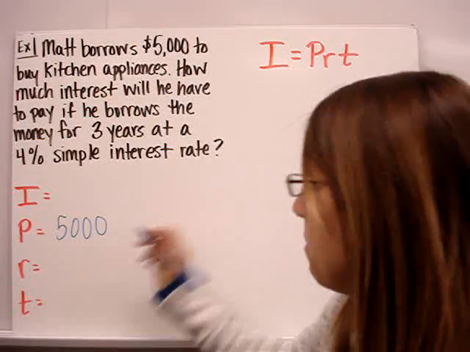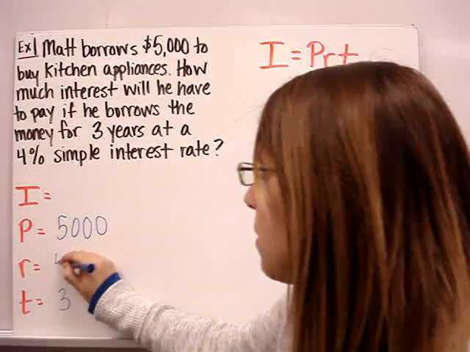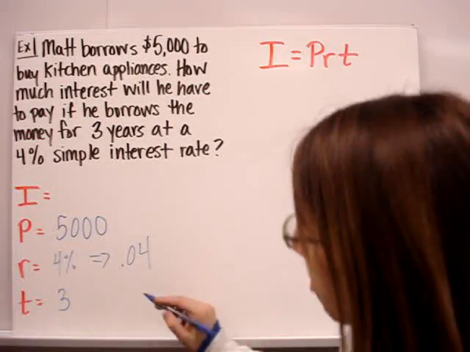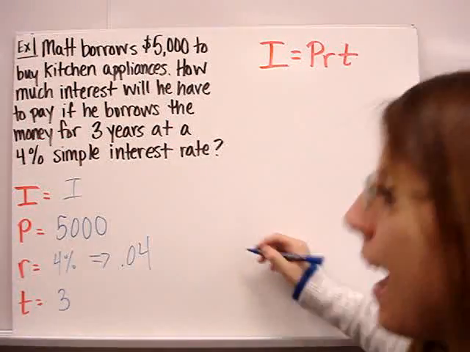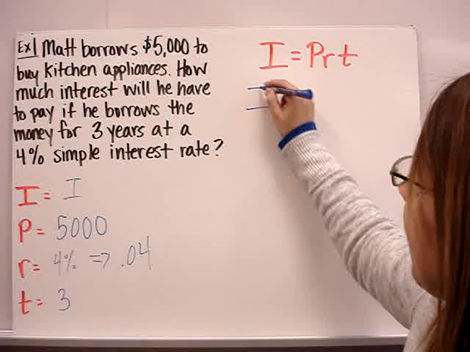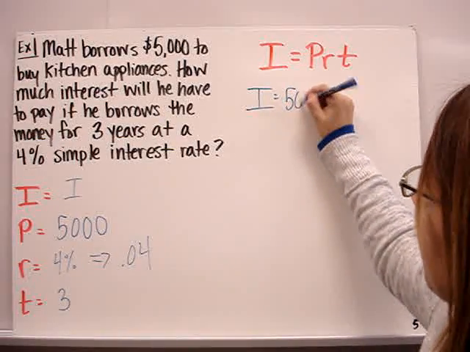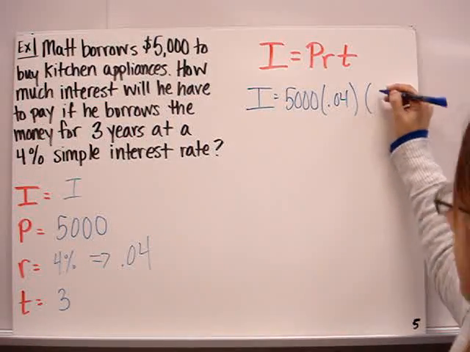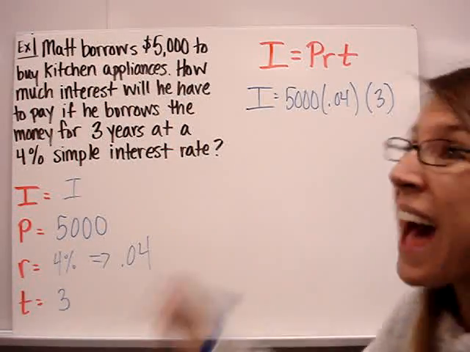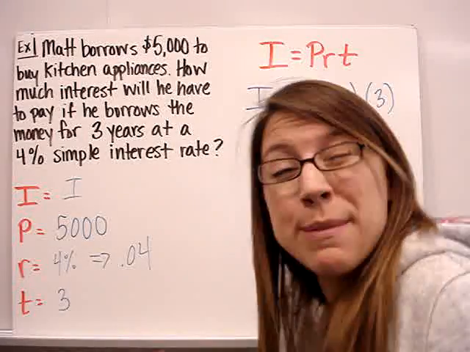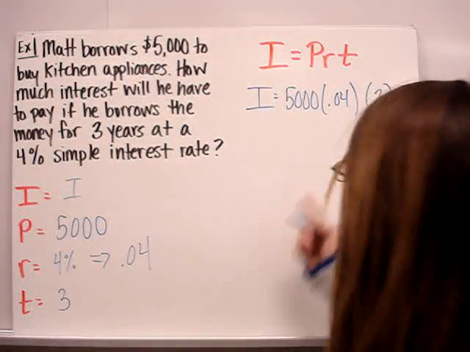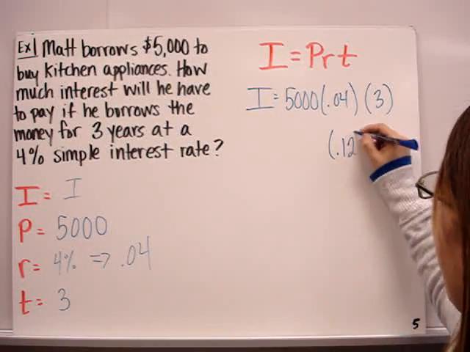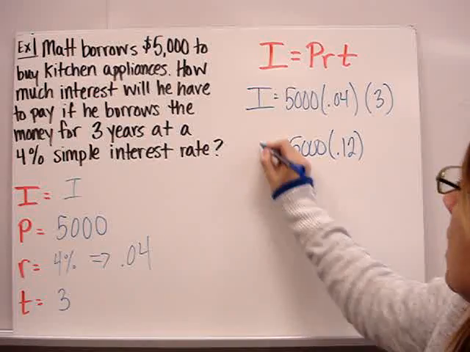So I don't know. But for 3 years at a 4% simple interest rate, and we know that's going to be 0.04. So I don't know I, it's going to stay I. So I'll say I equals 5,000 times 0.04 times 3. I love this because I'm solving for I, but I can just multiply the 3 together, right? 3 times 0.04 is going to be 0.12, and that's going to be 5,000.